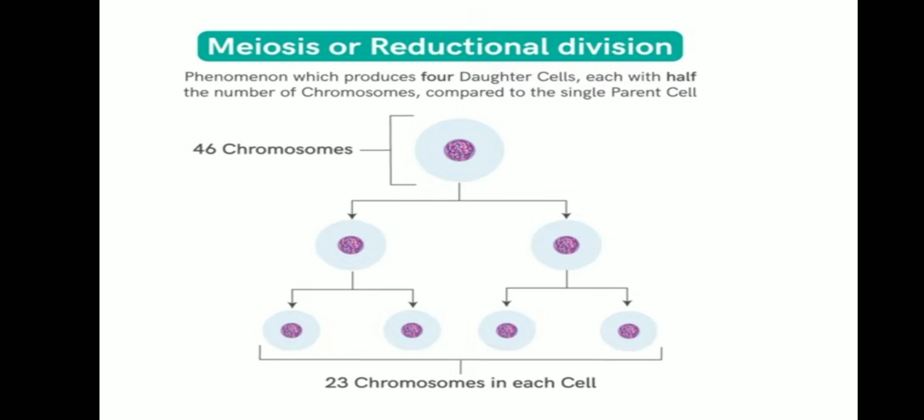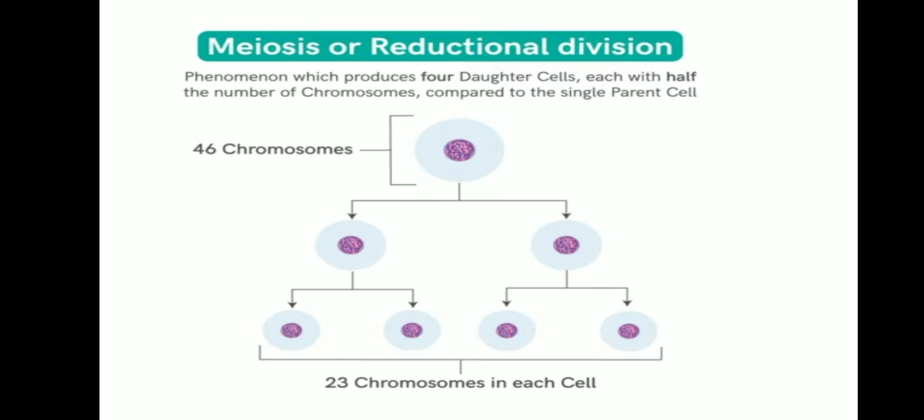So in the diploid cell, 46 chromosomes are present. From the body cell, that is the somatic cell, which has 46 chromosomes, 4 daughter cells are produced at the end of meiosis. These 4 daughter cells have the haploid number of chromosomes, that is a single set of chromosomes.